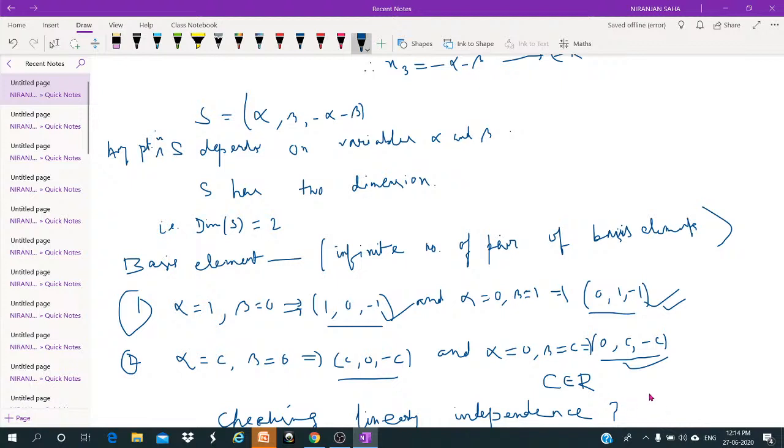But one thing to remember: C cannot be equal to 0.